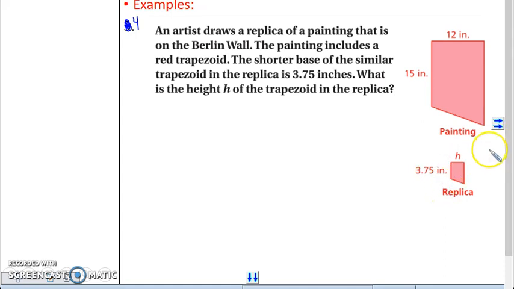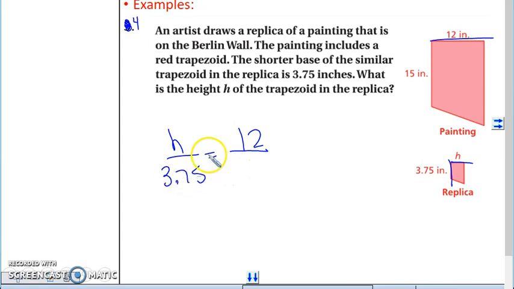Okay, so let's set up a proportion. I'm going to start with h over 12. Those are corresponding. Oh, what am I doing? I didn't say to set it up that way. h equals 12. There we go. Corresponding, 3.75. Corresponding, 15.